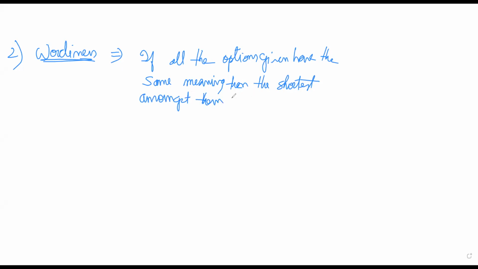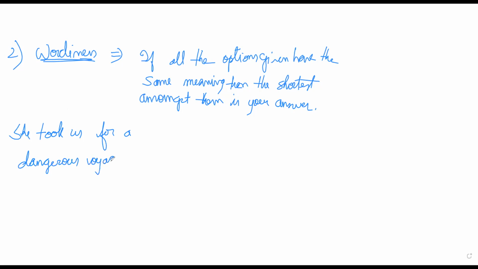The shortest amongst them is your answer. Got it? Did you understand the point? For example, if in the sentence it is given, she took us for a dangerous voyage.